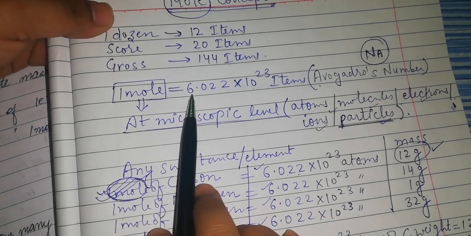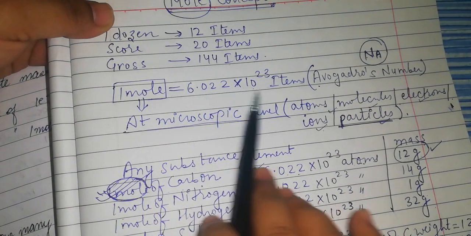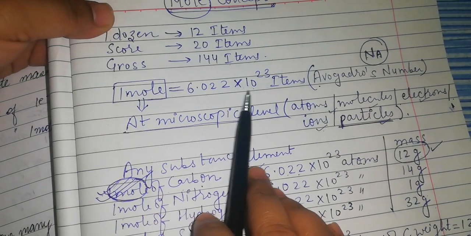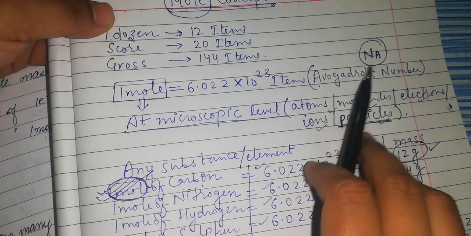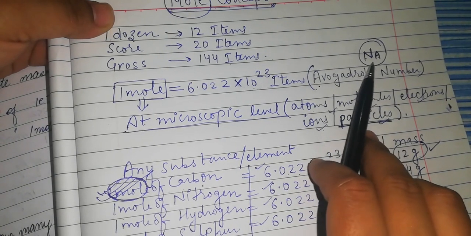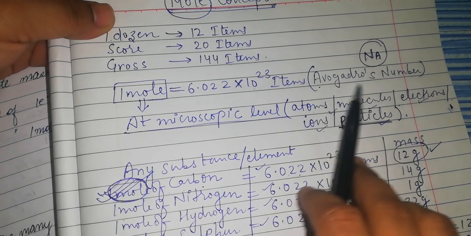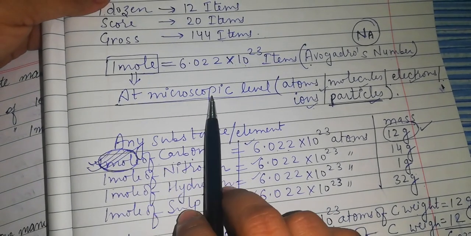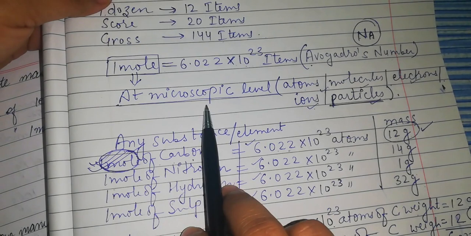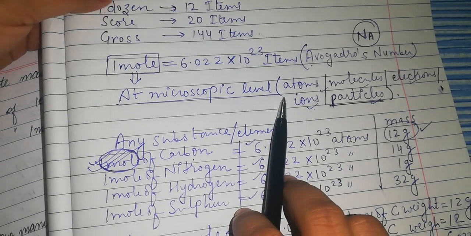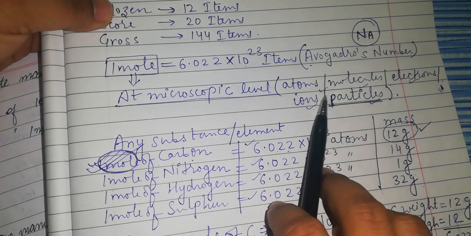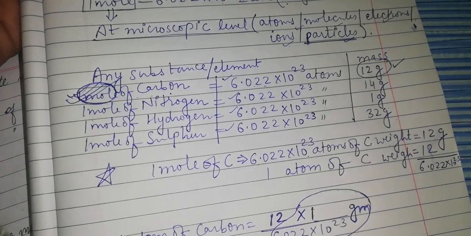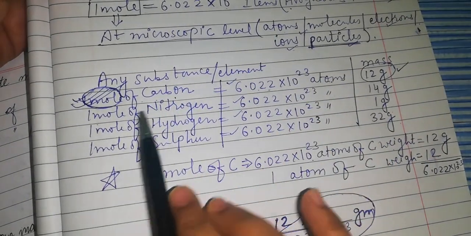So 1 mole of anything contains this much number. Okay, that is 6.022 into 10²³, and that is called Avogadro's number, represented by Na, after the name of the scientist who gave it. Okay, so the mole term is used for particles which are very small in size. For example, atoms, molecules, electrons, ions, or in general the word particles is used for these.